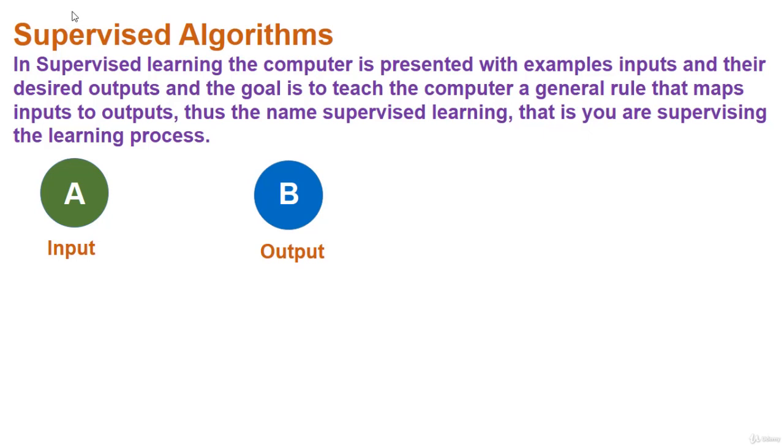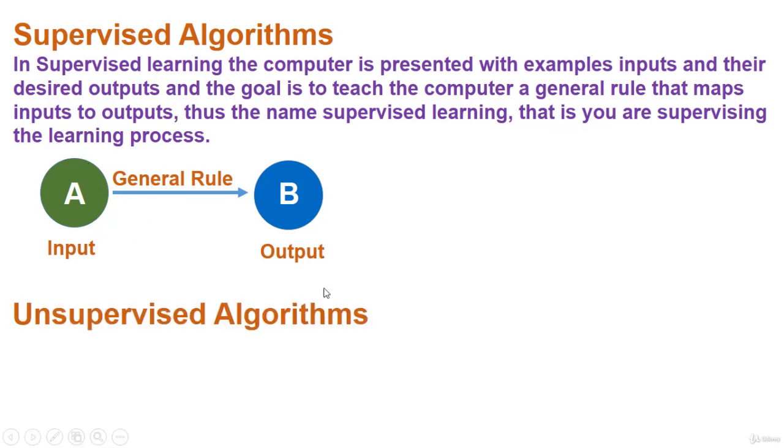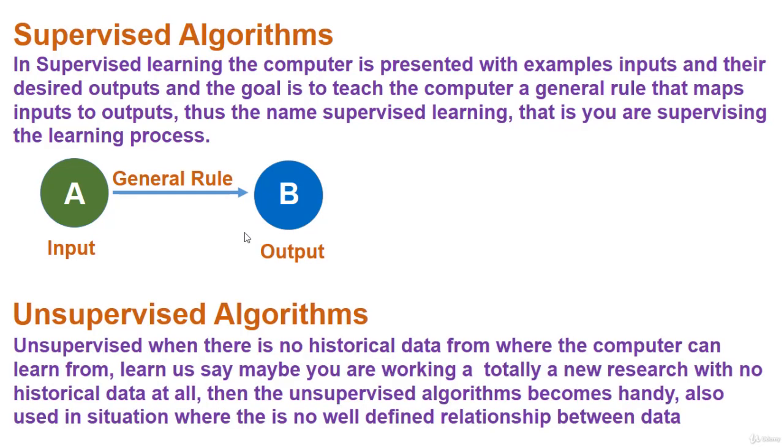You want to find this general formula such that when in future you have an input but you desire an output, you can just present your input to this algorithm and it will generate an output. So what you're looking for is this general rule that maps the input to the output. Now let us look at unsupervised algorithms. Here, you do not have any historical data from which the computer can learn.